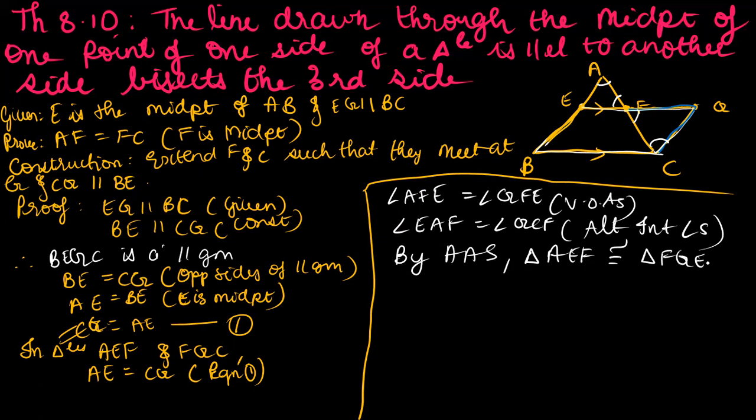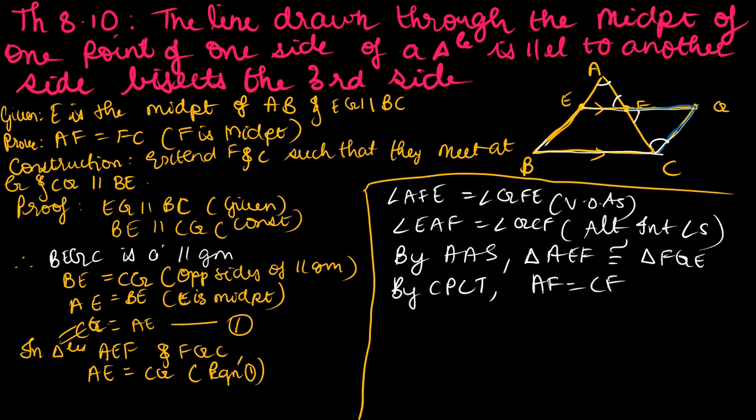You may ask me why we are proving that they're congruent. Wait, look here. Because by CPCT, I'm going to say that AF is equal to CF. So far, all the steps that I did before proving that these two triangles are congruent were to bring the sides or the angles to be equal so that I can prove that they are congruent, right?